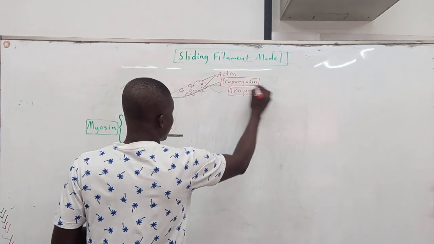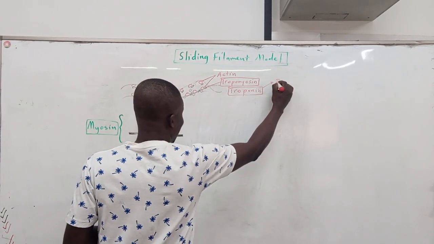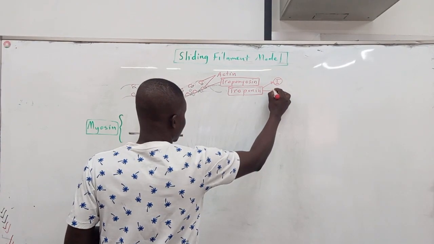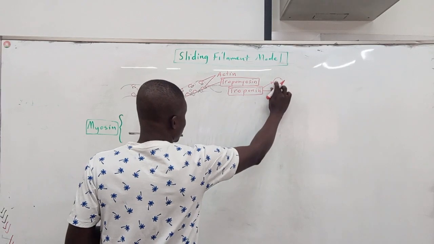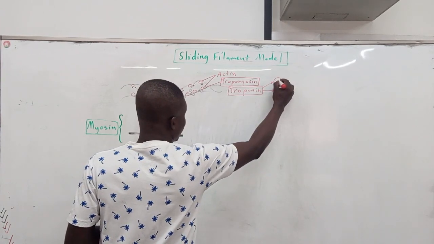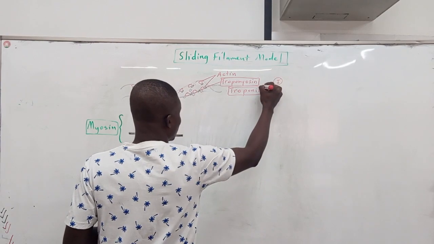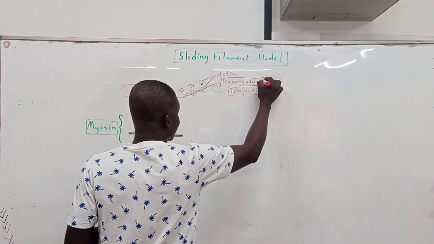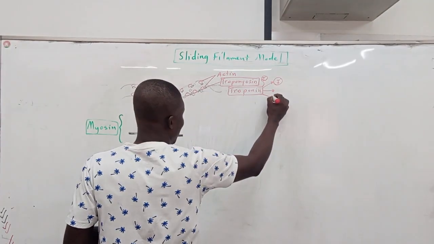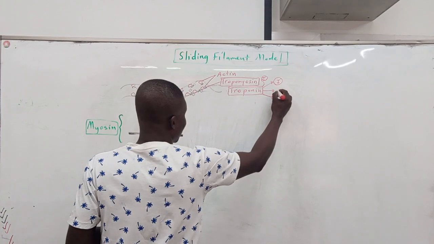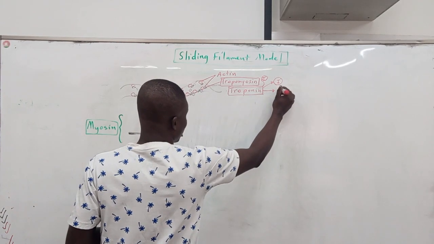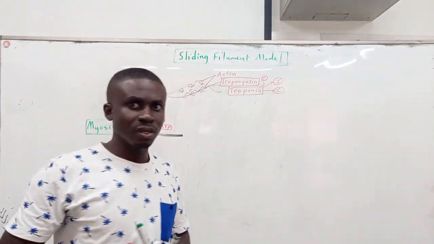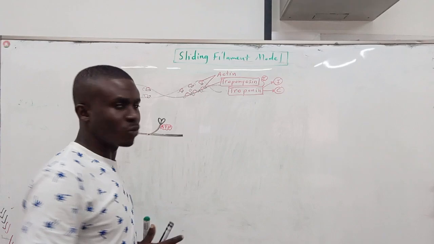Already, I've told you that for the troponin, we have troponin I. Then there will be another one which will be interacting with this tropomyosin, which I call the troponin T. And then we also have another one which will be interacting with calcium, which we will be calling the troponin C. Okay, that is what we want to see. So good. So that is what we see.